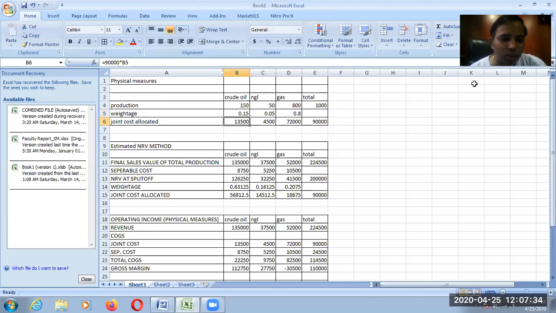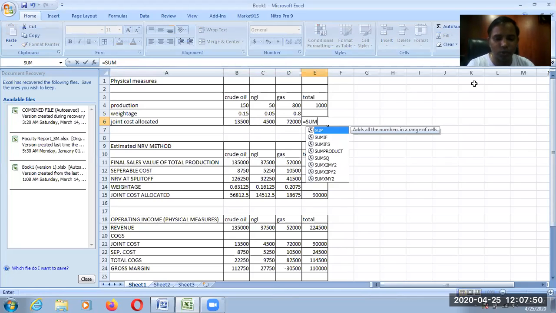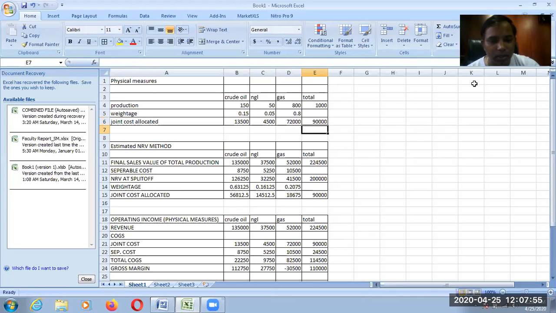And this joint cost 90,000 is allocated on the basis of this weightage calculated, that is 13,500, 4,500 and 72,000. So this comes to 90,000 rupees. So this is how a joint cost is being allocated on the basis of physical measures.